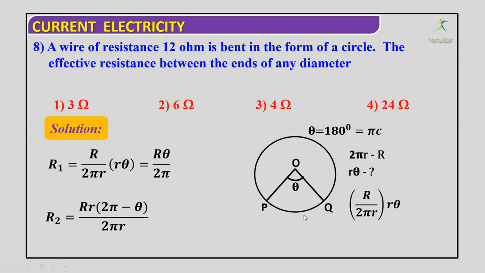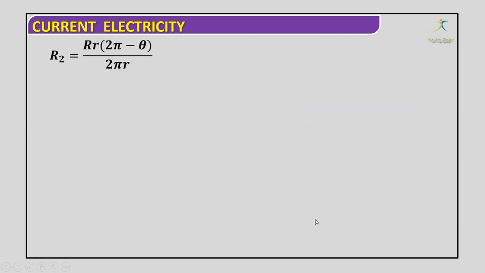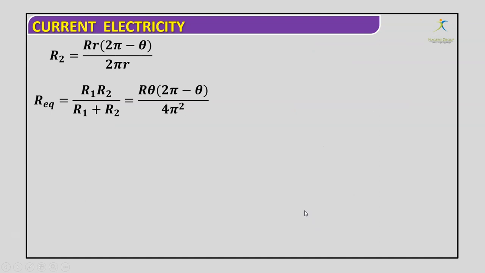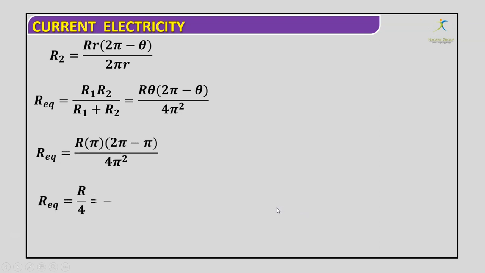So we have to find the value for r theta. So R2 will be r, 2 pi minus theta divided by 2 pi. R equivalent we can calculate from the parallel combination. We just put all these values over there and get the result. So R by 4, R is given 12, so 12 by 4 is 3. According to this, the correct option is option 1.